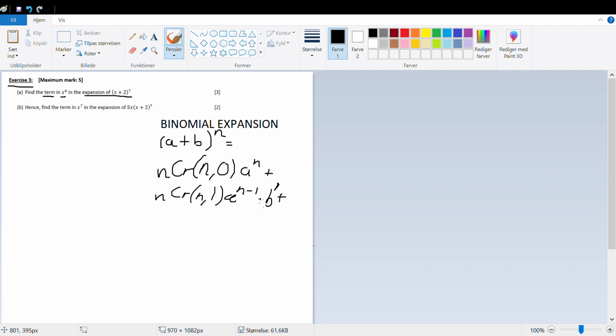Okay, and then you start again, and you would have nCr(n, 2) a to the n minus 2 times b to the 2. And you would have to continue doing this until you had exhausted n, such that a to the n minus whatever, basically until you have this.